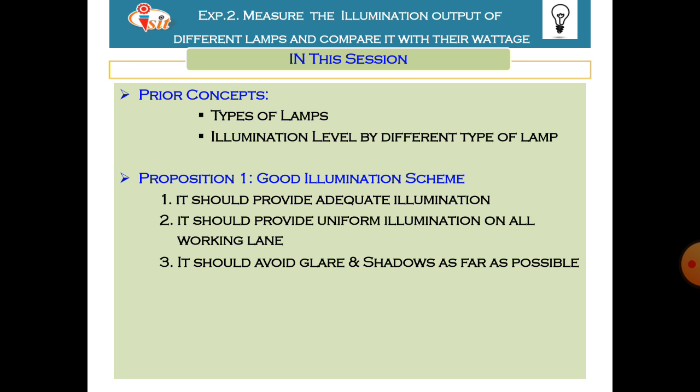It should avoid glare as well as shadows as far as possible, due to which quality of work is expected. It should have a good color rendering effect, due to which objects are easily discriminated and understood by human beings.